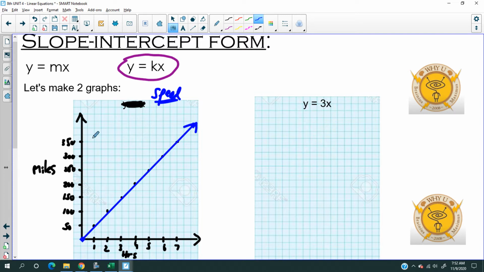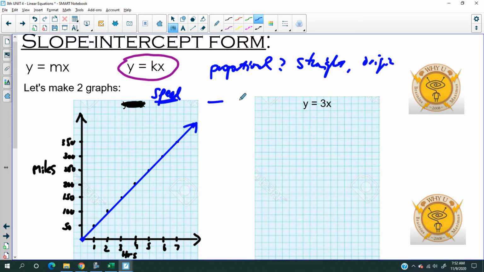First of all, is it proportional? Yes. Why? It's a straight line through the origin. That's what makes this line proportional.